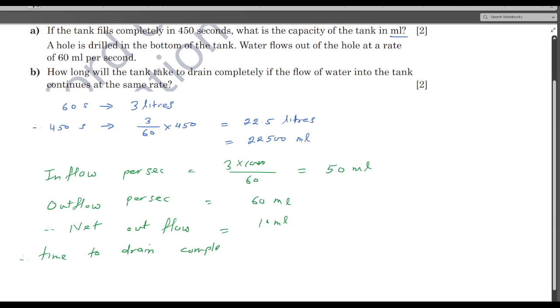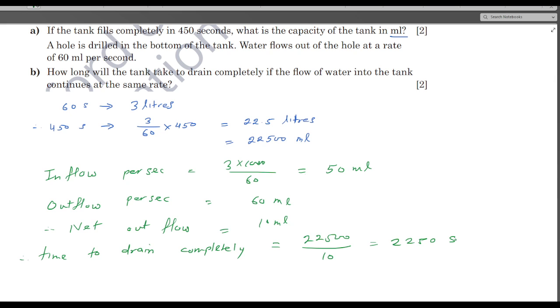Therefore, the time required to drain the tank completely is equal to your total capacity, 22,500, and in 1 second 10 milliliters is draining out. So 2250 seconds is the total time.